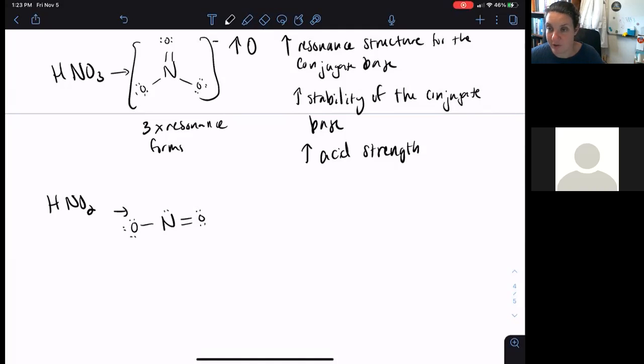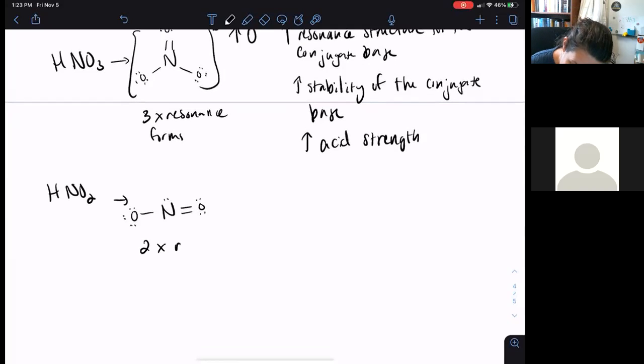For the other one, we only have 2 possible resonance structures. And as such, it's going to be less stable.